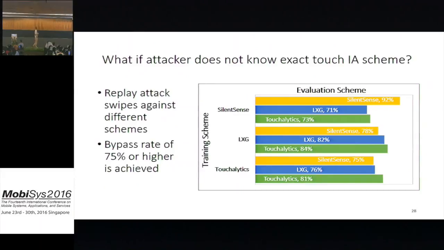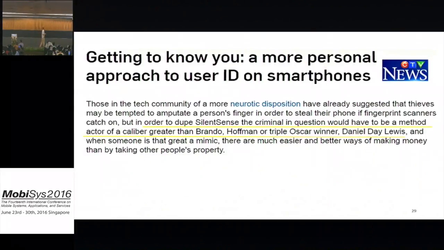I'm going to skip them in the interest of time, and let me conclude my talk. When these touch IA schemes get proposed, they often get quite a bit of media attention. One example, from a Canadian news site, is shown on this slide.